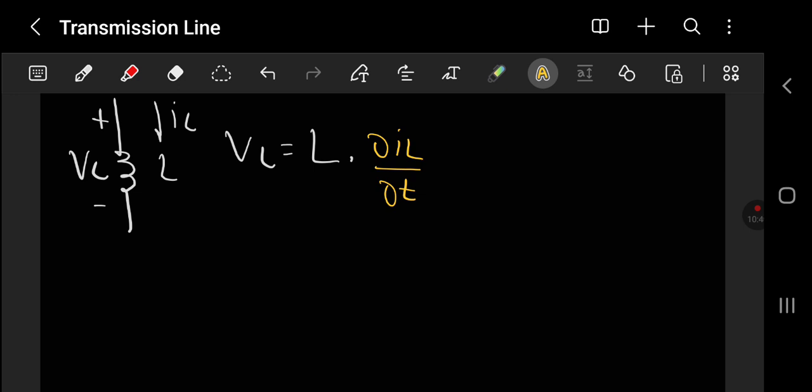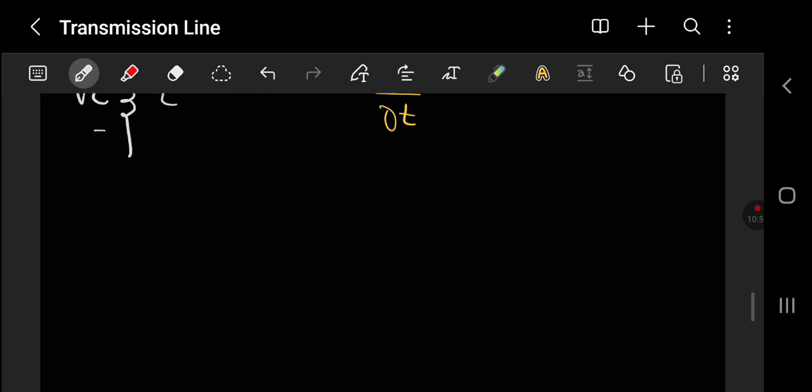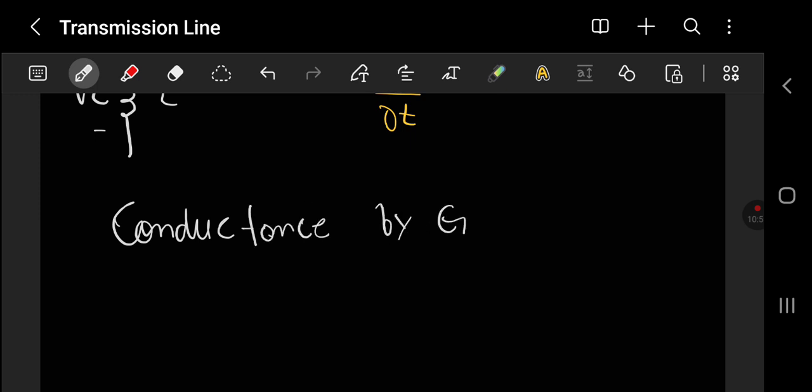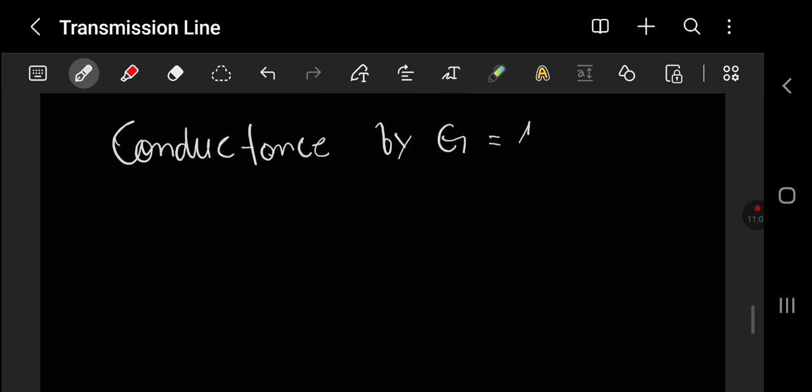Now let me also remind you what conductance is before we go on. Conductance is given by G and is the inverse of the resistance.